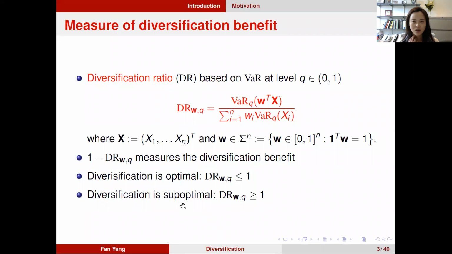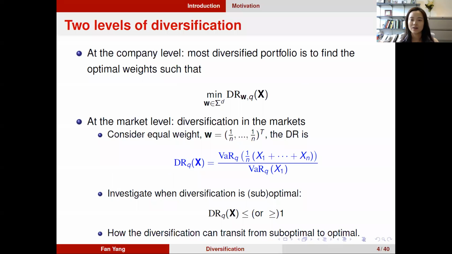So by using this DR to quantify the diversification, we can do a few things. Today we're going to focus on two levels of understanding diversification. At the company level, or the micro level, we can use the DR for optimal portfolio construction.